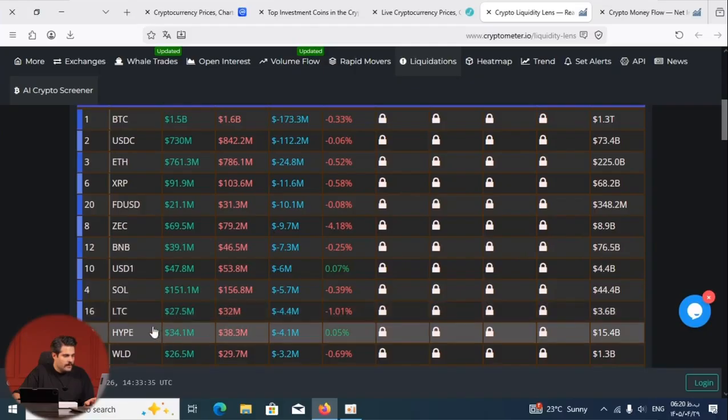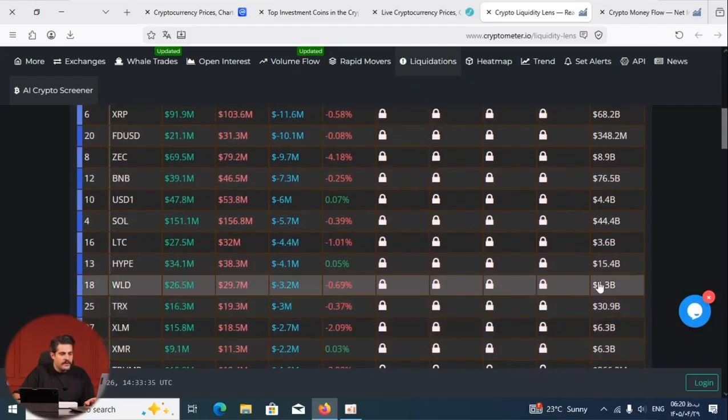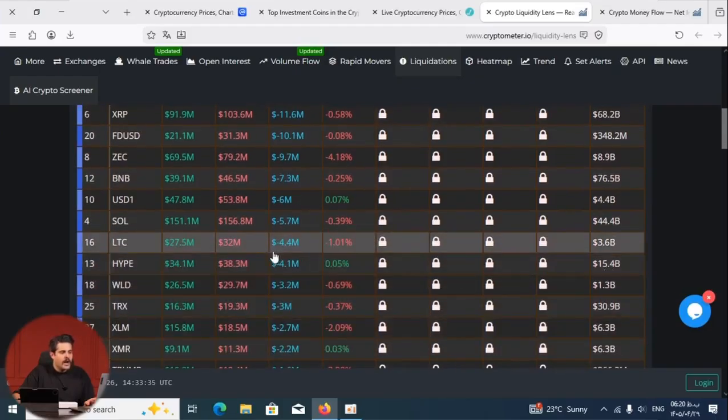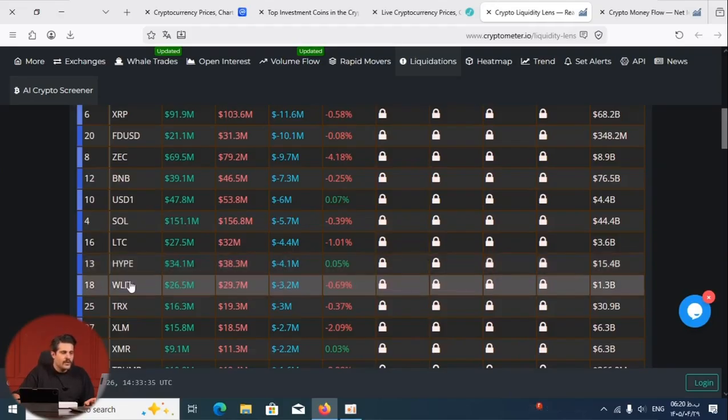Litecoin, Hype, and WLD. Between Hype and WLD, I want you to compare this yourselves. Hype had $4.1 million in capital outflow, and its market value is $15 billion. WLD had $3.2 million in outflow, and its market cap was $1.3 billion.